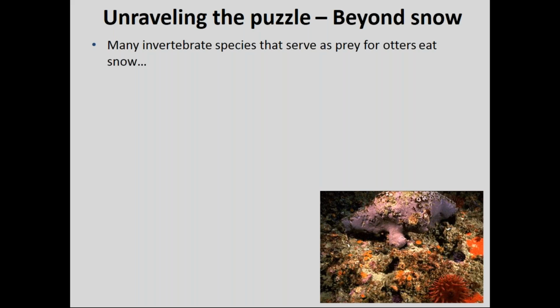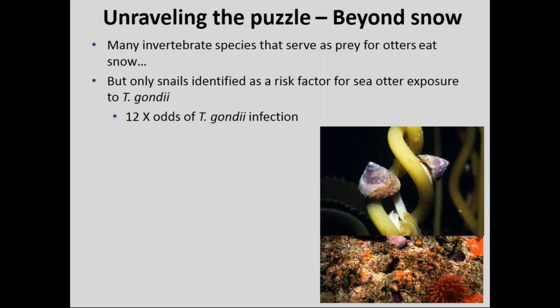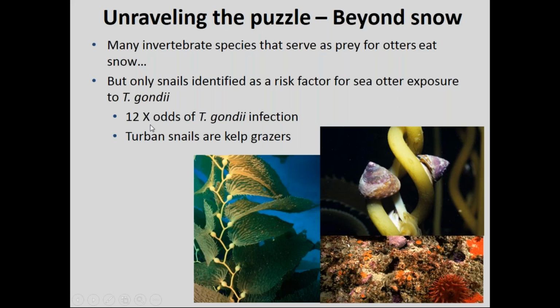So sea otters that specialize in eating turban snails had a higher seroprevalence to Toxoplasma. And as mentioned, many invertebrate species use marine snow as food, and snails are identified as a risk factor for T. gondii. The odds ratio is 12 times for those sea otters that specialize in snails. And these snails, it turns out, are kelp grazers.